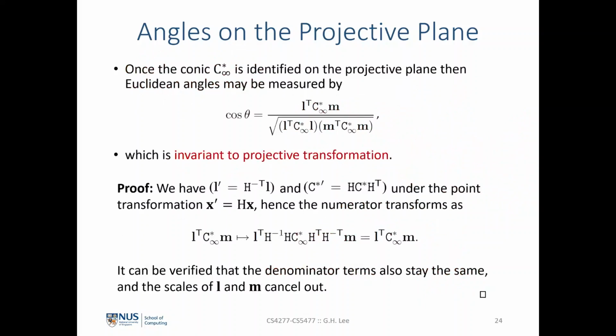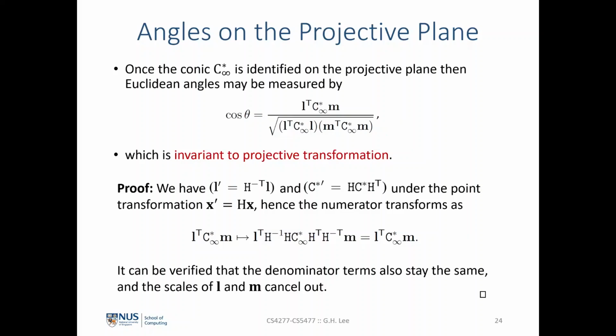So we'll make use of the conic C infinity star, the dual of the circular points that we have defined earlier, to do this transformation and compute the Euclidean angles between the two lines after the transformation.